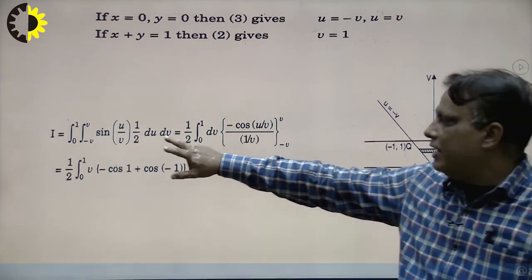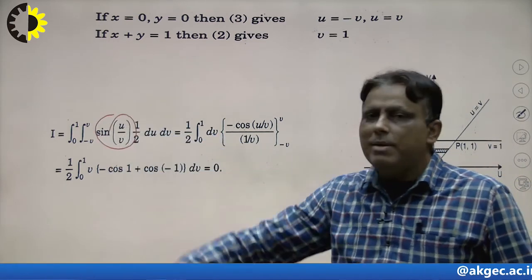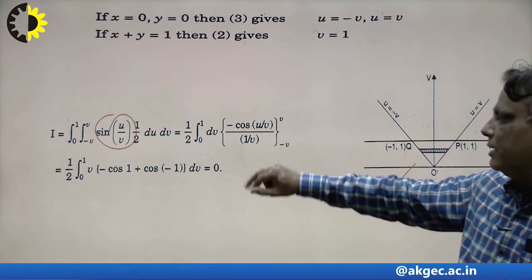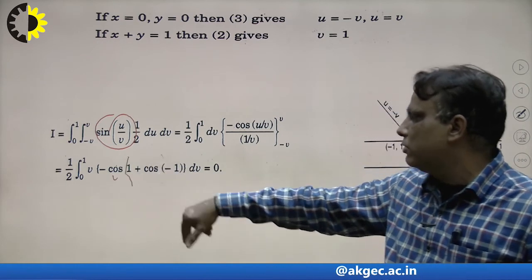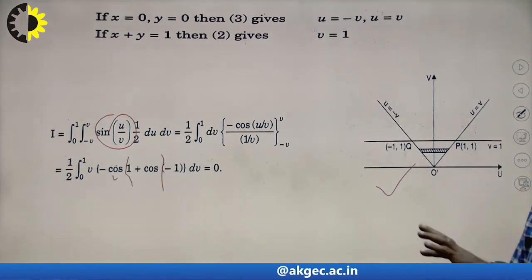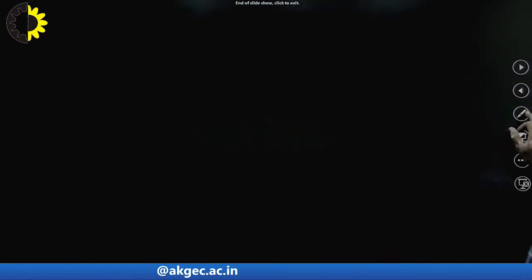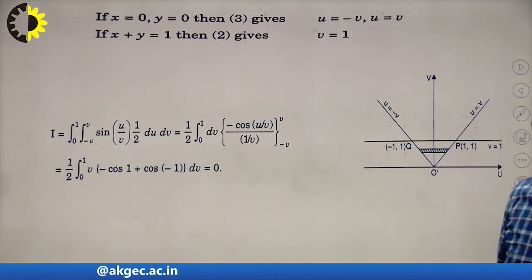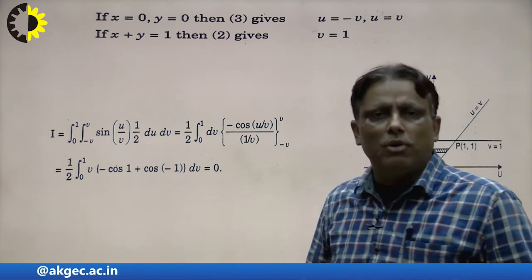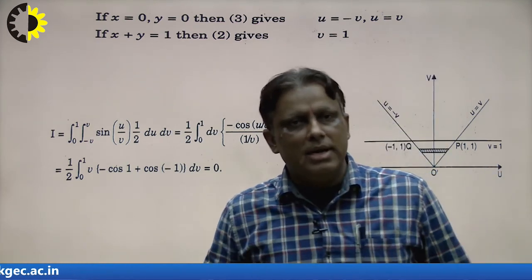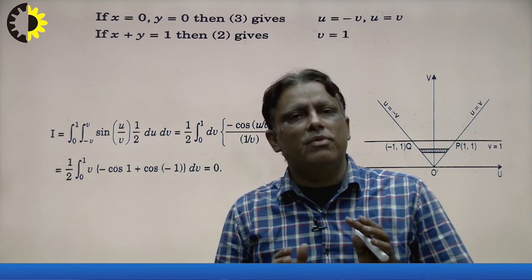The integral of cosine u will be sine u, upper limit minus lower limit, and this will cancel out. So what will be the answer here? The answer will be 0. So in this way we can find the answer by solving the problem one by one, and students, keep in mind that when we solve the problem, first of all we draw the diagram and take the limit with the help of the diagram.